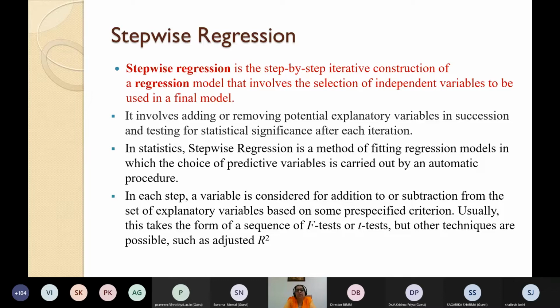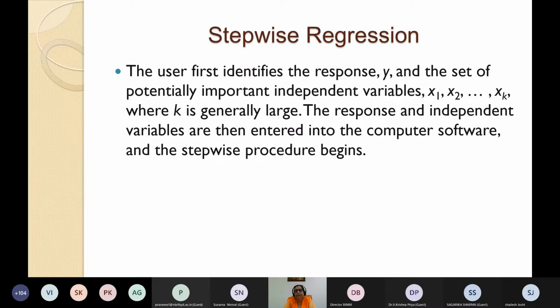At each step, the variable is considered for addition or subtraction from the set of explanatory variables, and it is done using some pre-specified criteria. That criterion can be a sequence of F-tests or t-tests, but other techniques are possible, such as adjusted R square.